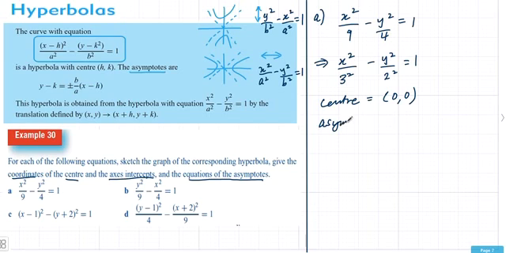Now for the asymptotes, what we're going to do is we're going to let x squared on 3 squared be equal to y squared on 2 squared. Now the reason we do that is that in this situation, this term and this term will be the same, and that will mean you'll have one thing minus itself, which will give you 0, and that means that that doesn't fit into this equation of values for x and y.